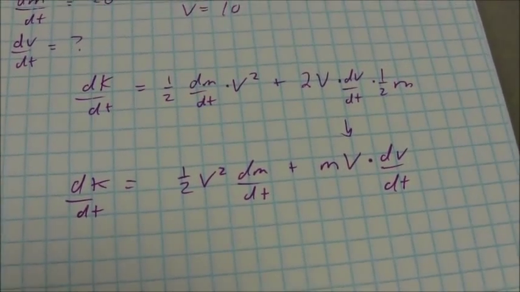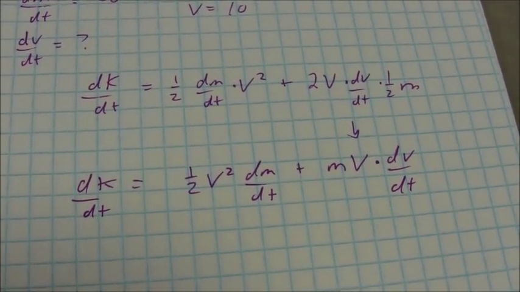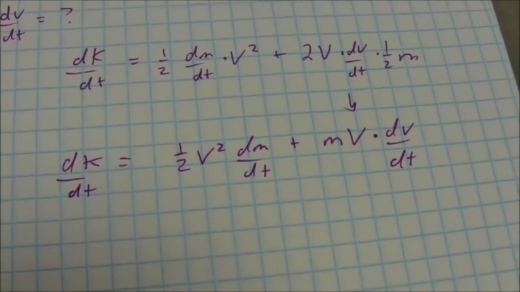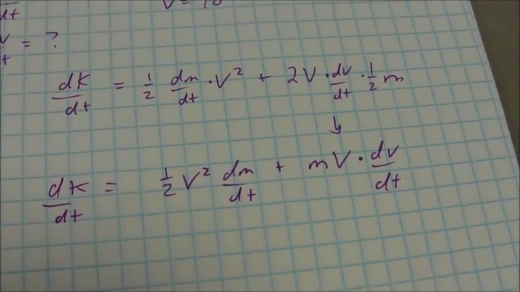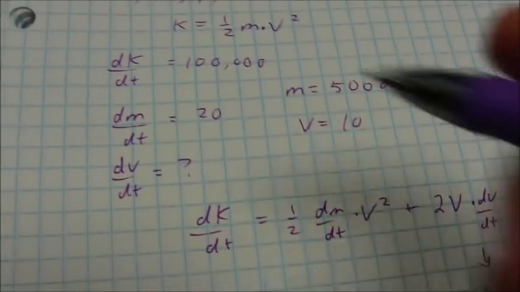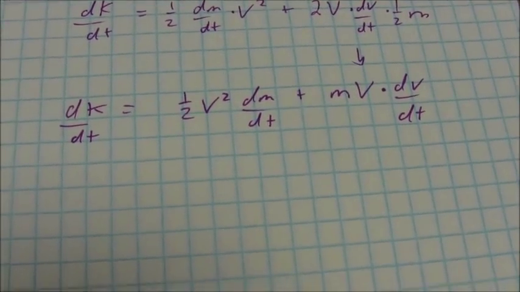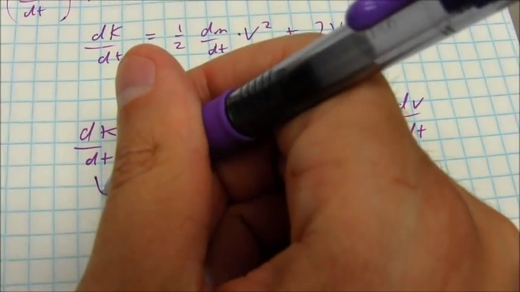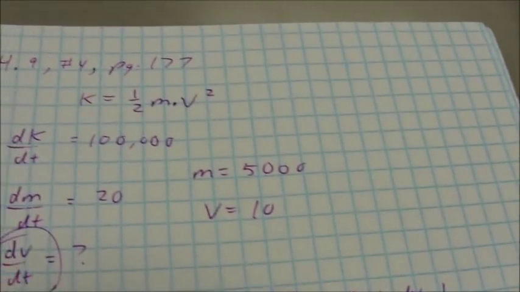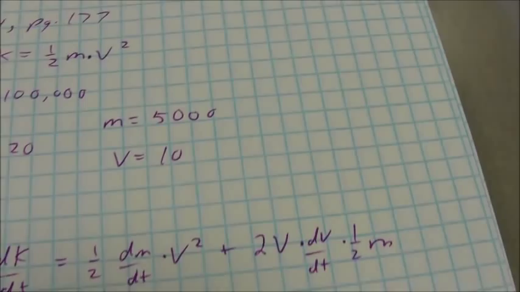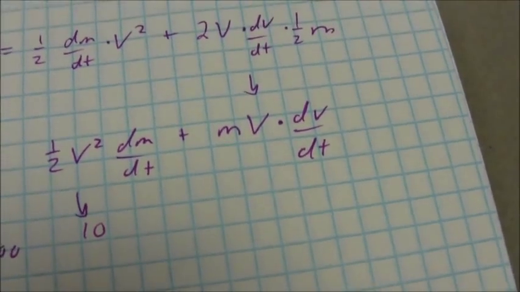And depending on what the problem asks, you can do different things here. I can actually do a straight substitution into the equation now. In this case, I am looking for dv/dt. So I could just substitute in for everything here. I know that dK/dt is equal to 100,000. I know that the velocity is equal to 10. That's going to be 10 squared.